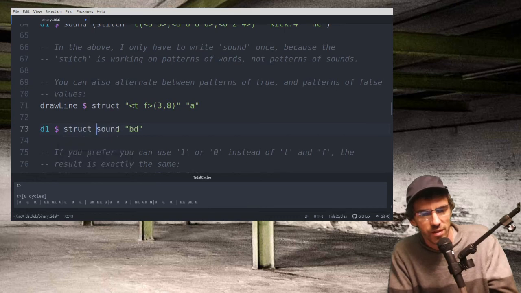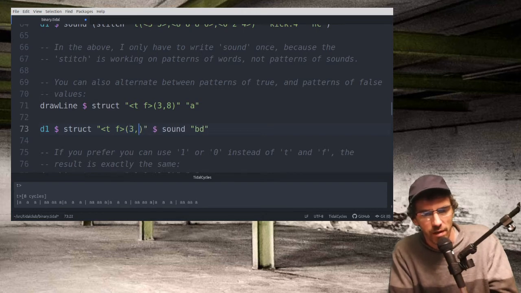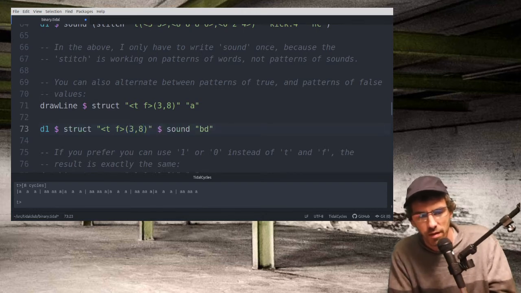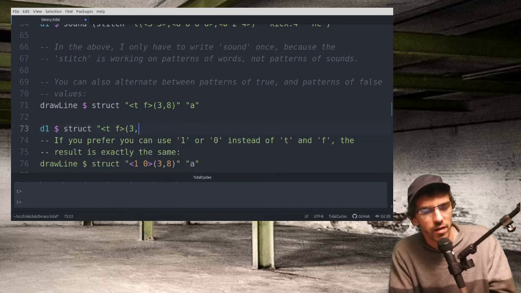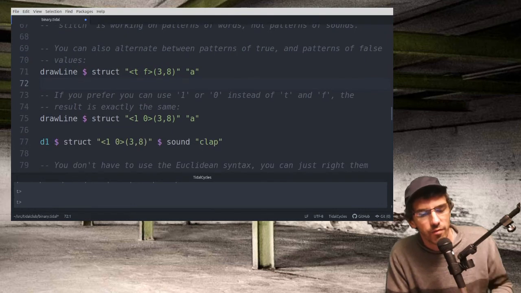So with a struct, we've got the true and false, and we've got the 3/8 pattern. So you're getting the kind of inverse pattern every other cycle.